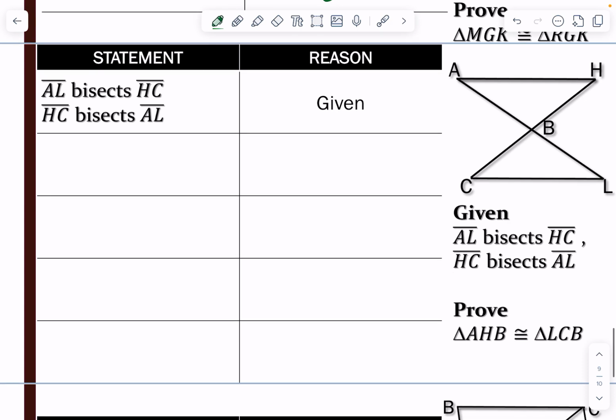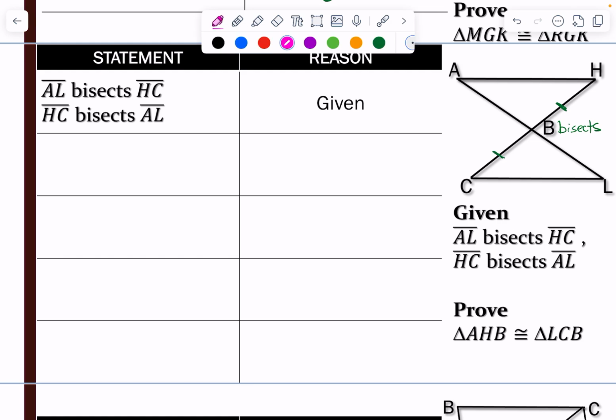So this time I'm wanting to prove triangle AHB is congruent to triangle LCB. I know that AL bisects HC. So what I would know is that I can get this to this.